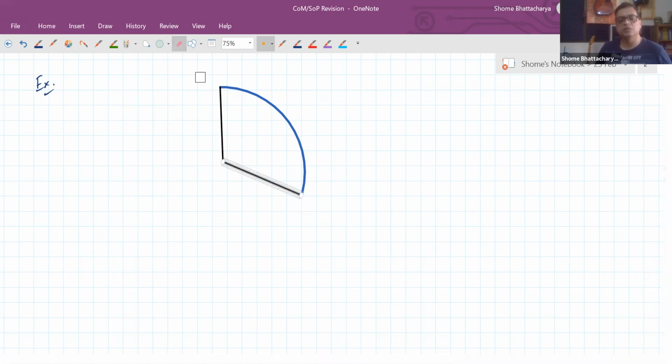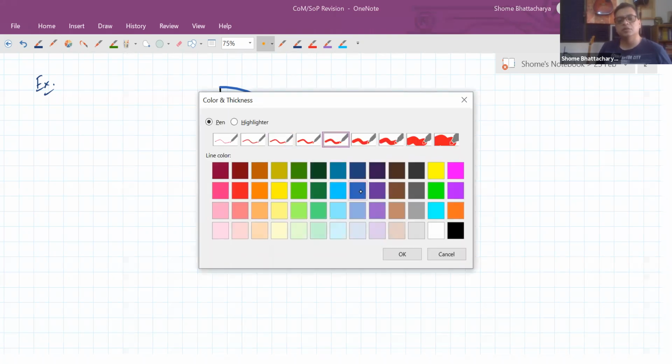It might be somewhere here. This whole angle is, let's say, alpha. The radius is r.